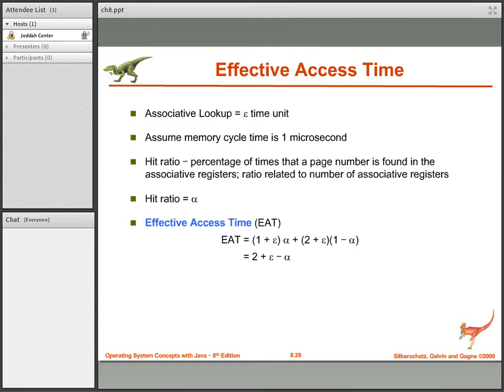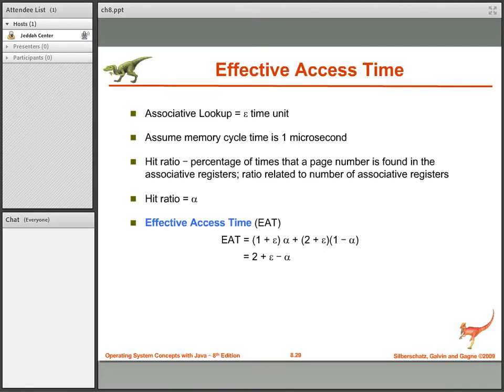Of course, this ratio is related to the number of the associative registers. It's a matter of increasing the chance of finding the page number in the associative registers. Let us designate the hit ratio by alpha.